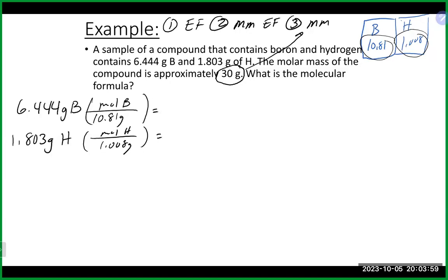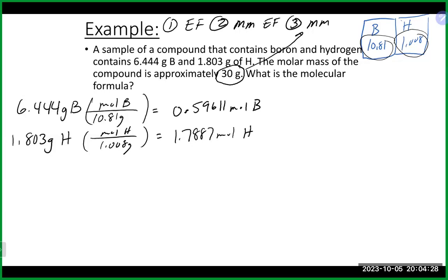That's going to give us our moles of boron: 6.444 divided by 10.81 is 0.59611 moles of boron. For our hydrogen, 1.803 divided by 1.008 is going to get us 1.7887 moles of hydrogen.